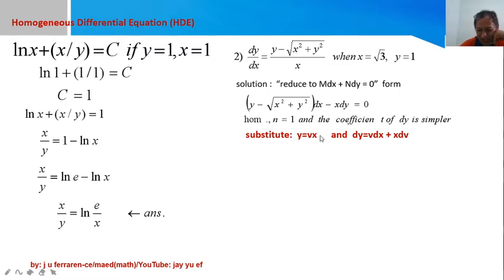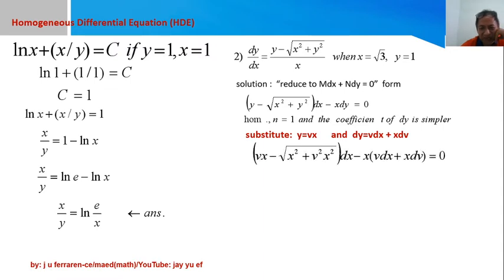Now, in transforming your equation, replacing y with vx, here is a purely y term. This is now vx. So the square root of x squared plus v squared x squared, because that is the product of vx, correct? And then minus x, the dy is v dx plus x dv, equal to 0.